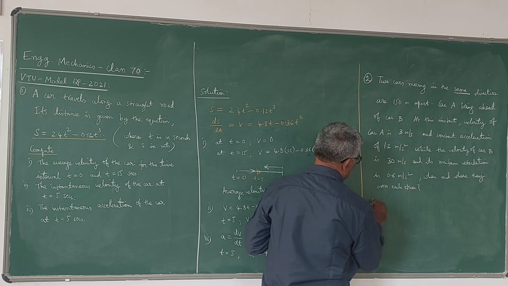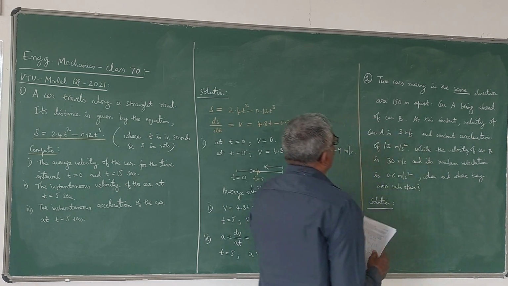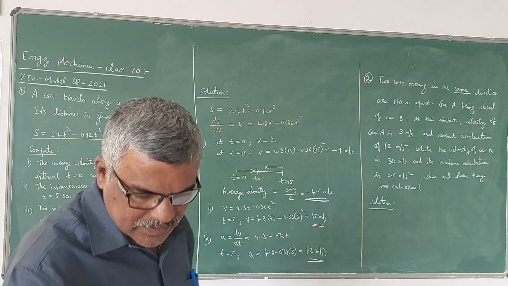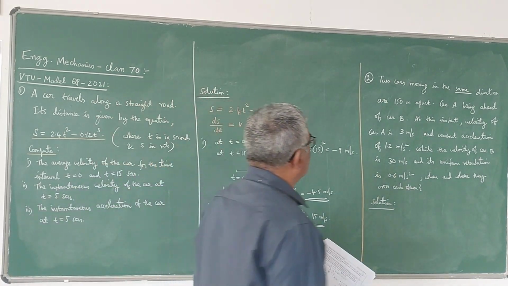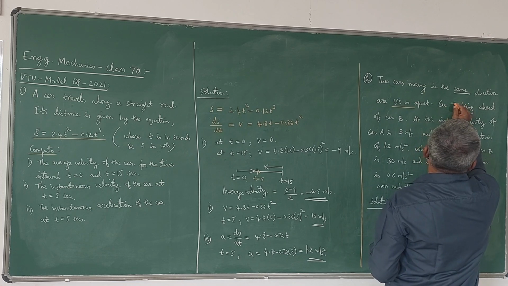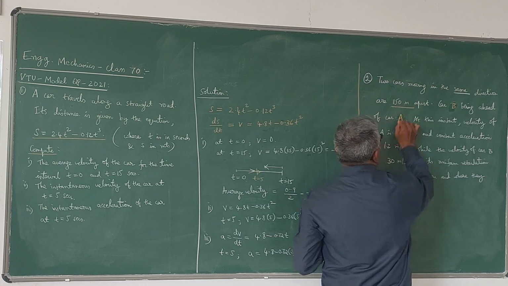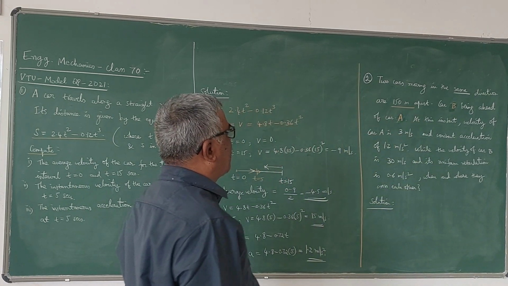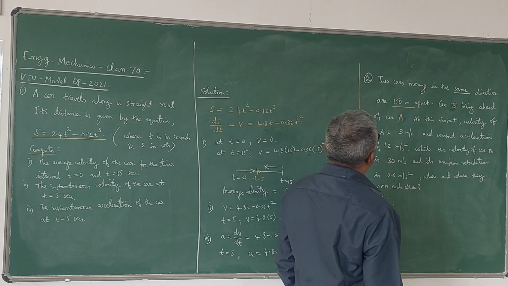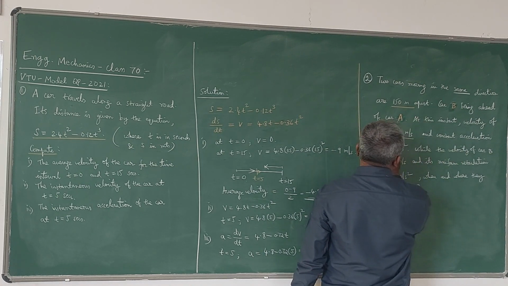So this is the given problem. Two cars moving in the same direction are 150 meters apart. The distance between those two cars is 150 meters, car B being ahead of car A. Please take this. At this instant, velocity of car A is 3 meters per second and acceleration is 1.2 meters per second square.